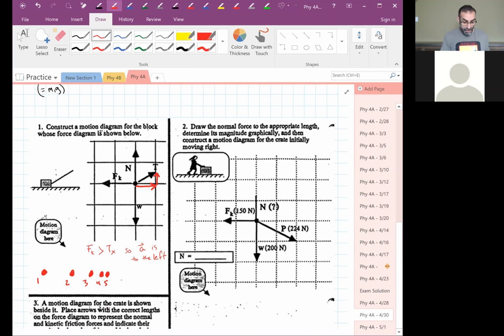I think that's the only way you can get a tension in a string to the right.